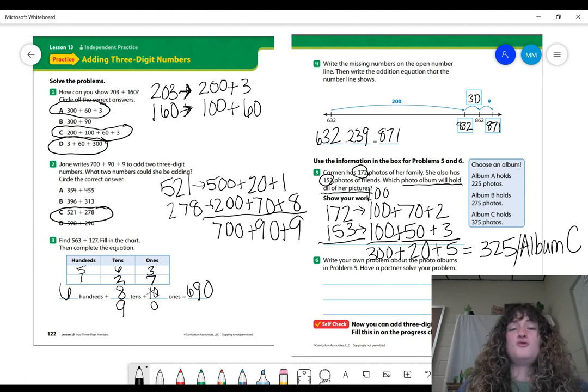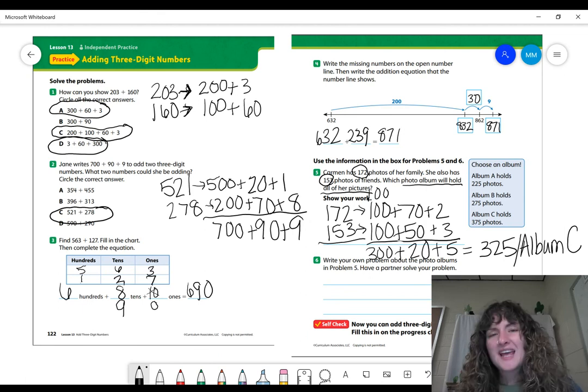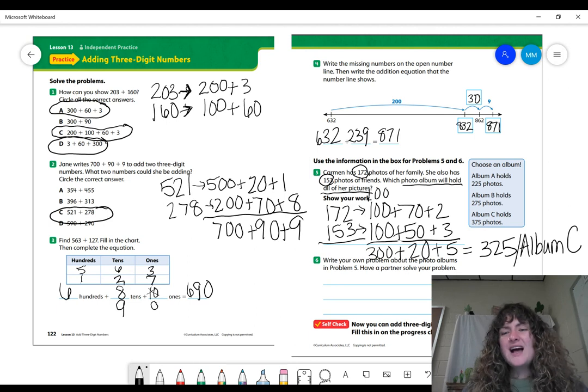Maybe you could make a problem that says, if I put album A and album B together, how many pictures could I hold? Or I could say, if I added album A and album C, how many pictures would I have all together? It is up to you. Come up with your own creative problem for number 6.